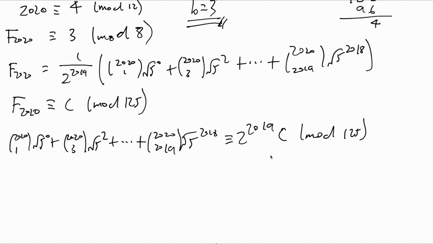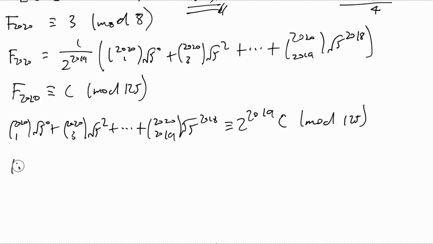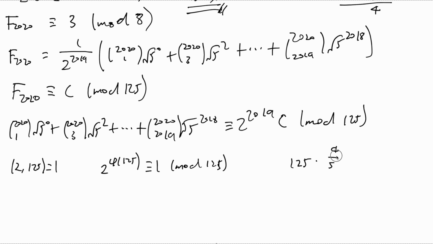Let's use Euler's theorem here. So we know that the greatest common factor of 2 and 125 is equal to 1. Therefore, let's calculate Euler's totient function for 125, which is 100.